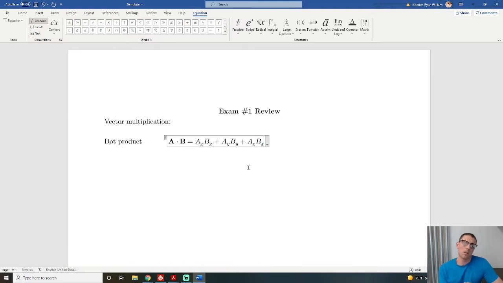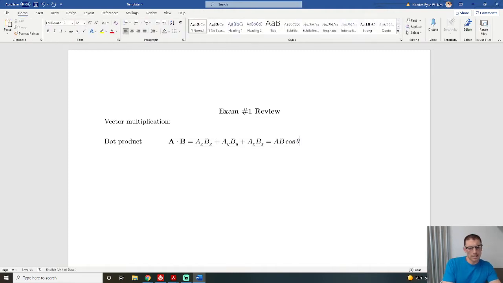I think this is pretty straightforward to calculate, especially if you have the vectors in terms of their components. And you can also remember that this is given by the magnitude of A times the magnitude of B times the cosine of the angle between them, okay? And there's not really any physics to discuss right now, even though we will use this for physical quantities later on.